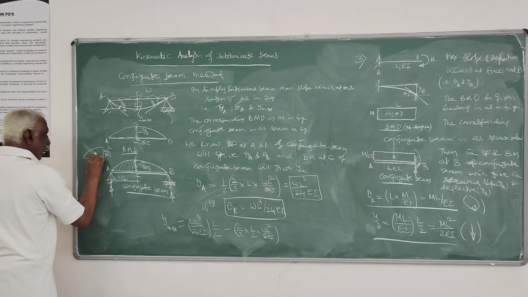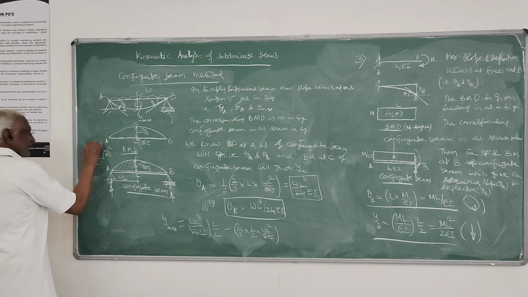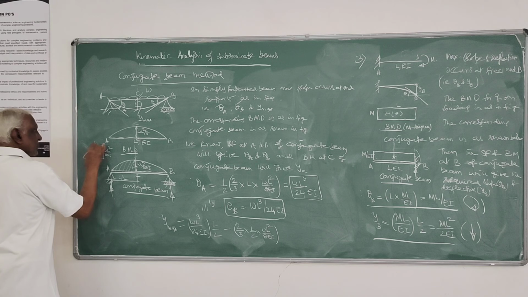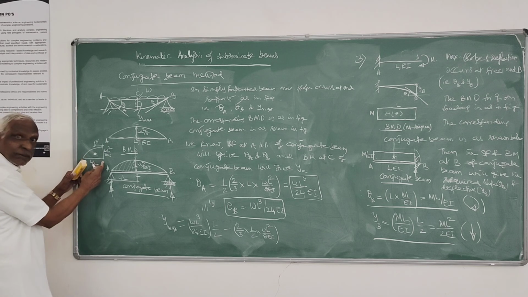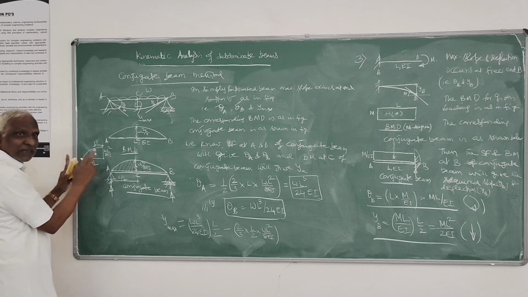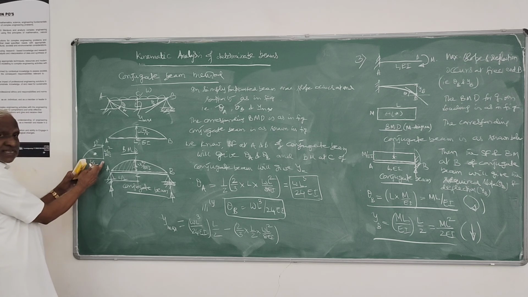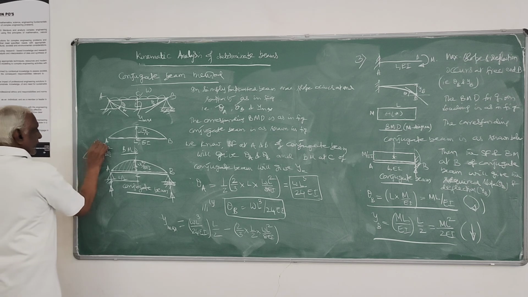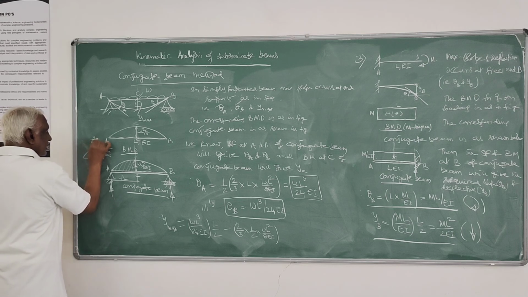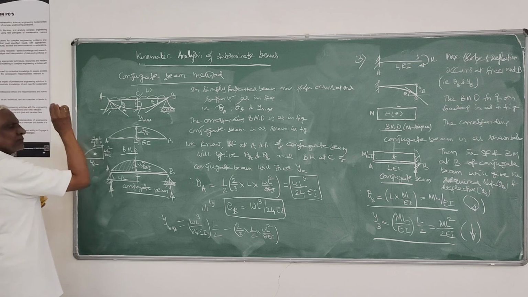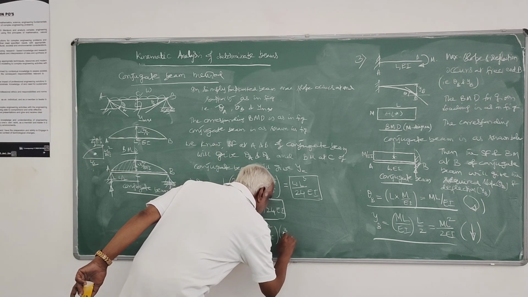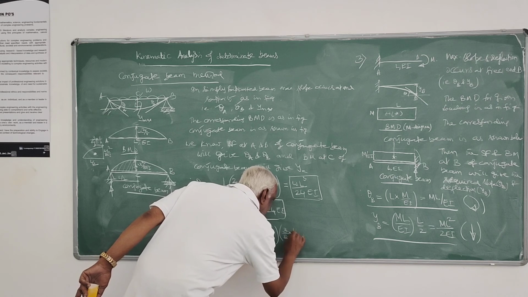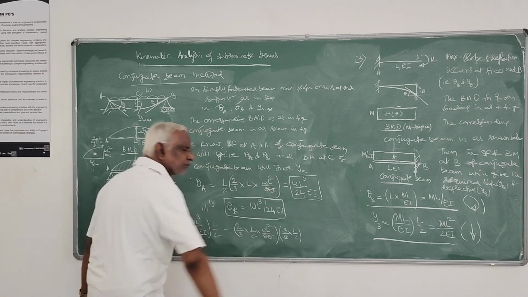That will be acting here, at a distance which is 3 by 8 into L by 2. Here L is L by 2, that you have to be careful. This is 3/8 of L by 2.